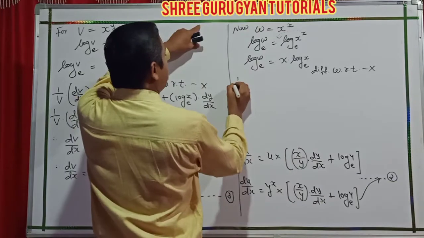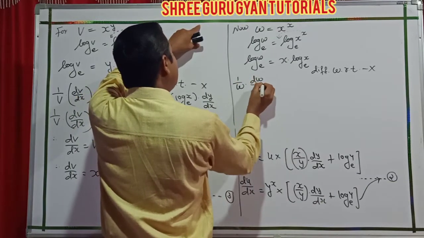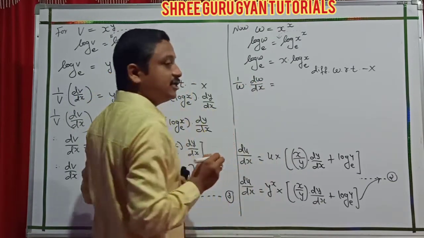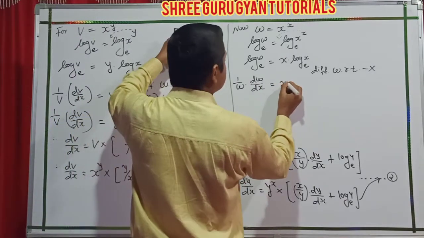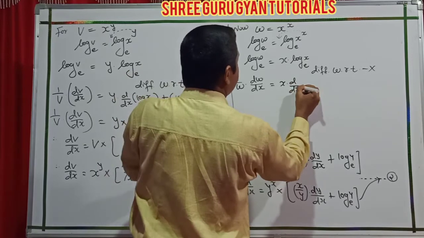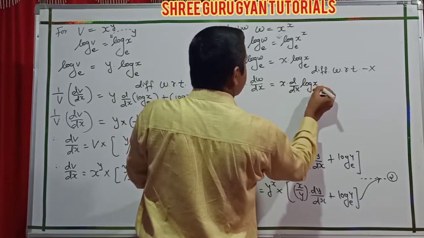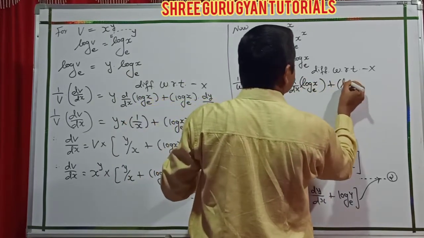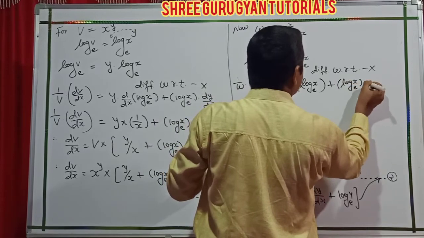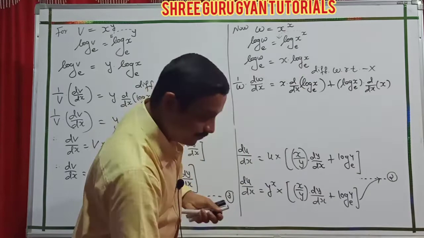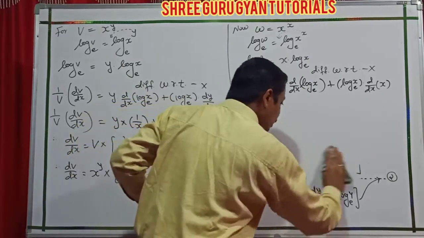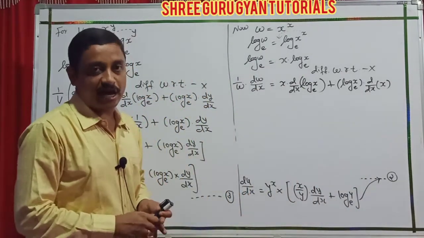So here 1 by w, derivative with respect to x is dw by dx, and here apply our product rule. First into d by dx of second plus second into d by dx of first. It is a big numerical, students, and this full value I just derive step by step.